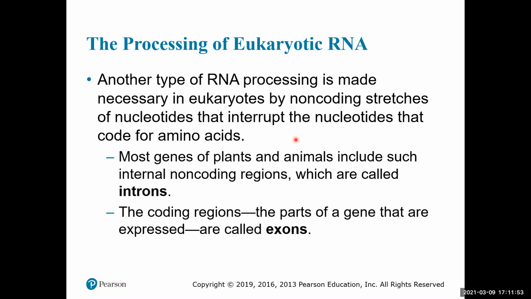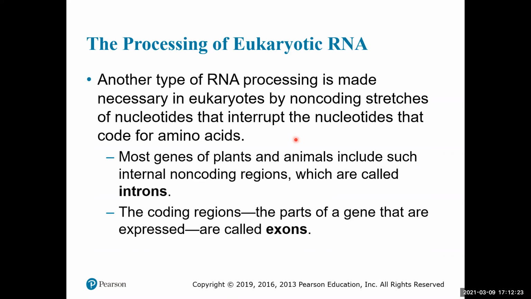So basically, you think of a ribbon that is, let's say, two different colors. You have blue sections and purple sections. Let's say the introns are the purple sections. So you'll have that ribbon, you'll take the scissors and cut out those purple sections. And then you'll tape all of the blue sections, the coding regions, the exons, together. So your entire RNA molecule is now made up of only exons, okay?